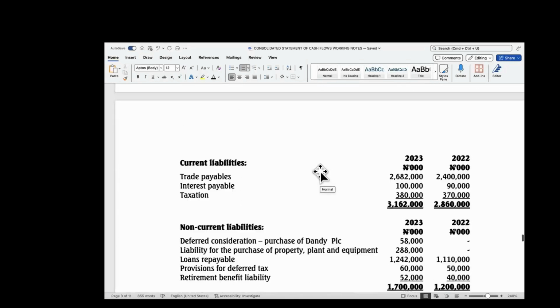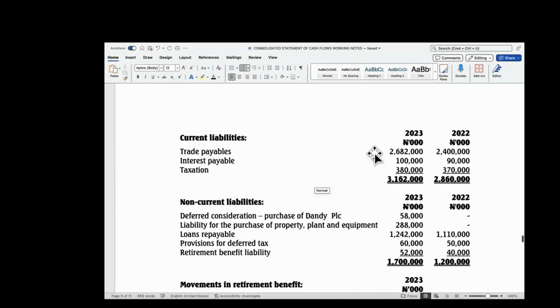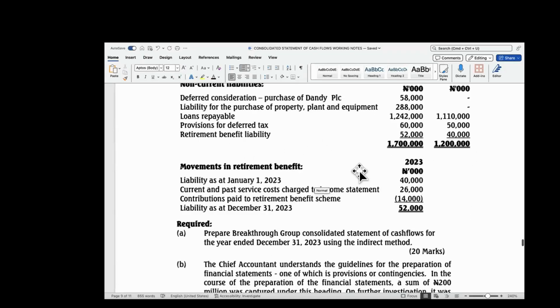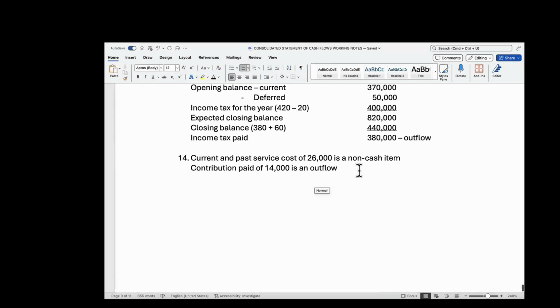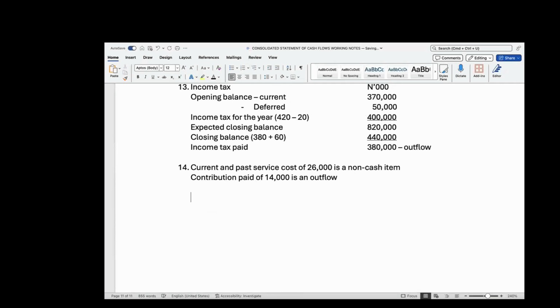Then let me go to current. They already gave us the breakdown here. Let's see the movement in payables from 2,400 to 2,682. Trade payables.